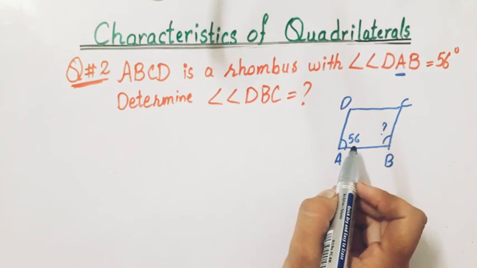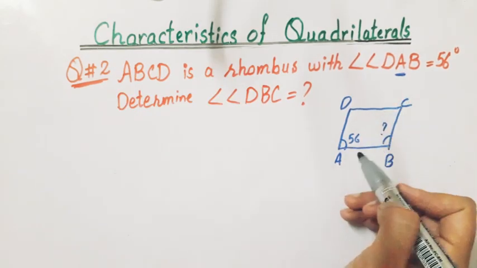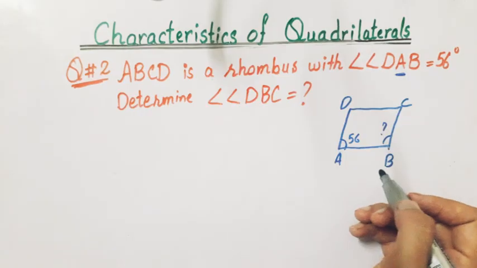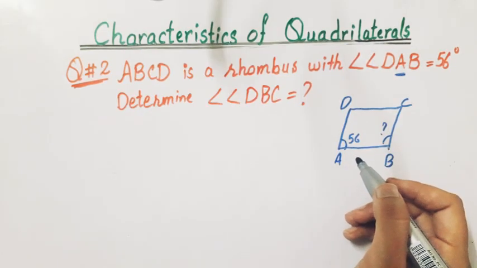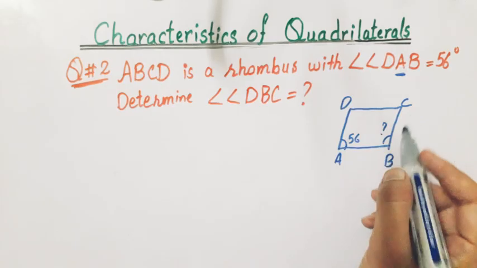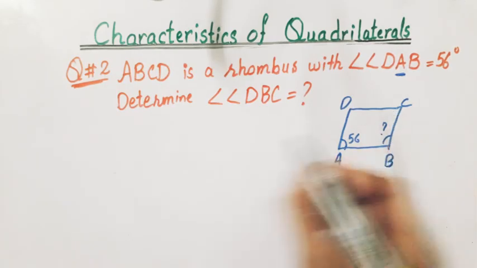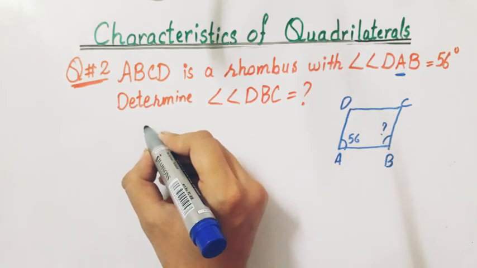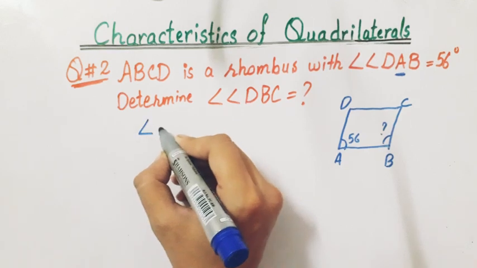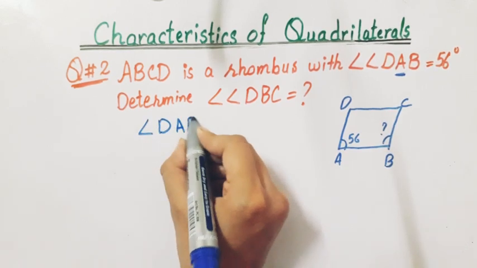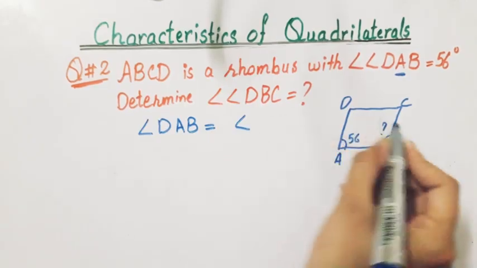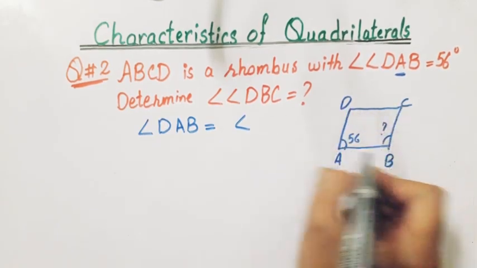In a rhombus, opposite angles are equal. This is the property of a rhombus. If this angle is 56 degrees, then the other angle will also be 56 degrees. So we will write angle A equals angle C, so we write DCB.